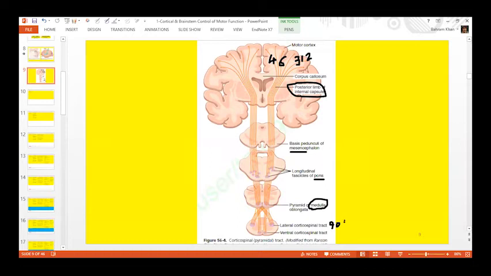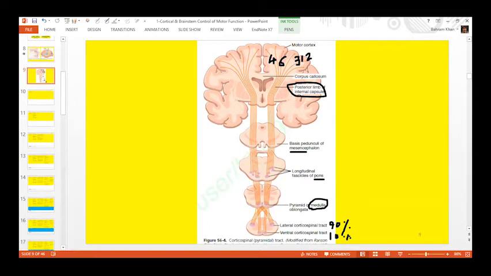They will cross over to the opposite side. These 90% fibers will form the lateral corticospinal tract. They will enter the lateral white column, and the remaining 10% fibers are the ventral corticospinal tract or the anterior corticospinal tract. And these anterior corticospinal tract fibers will enter the anterior white column of the spinal cord.